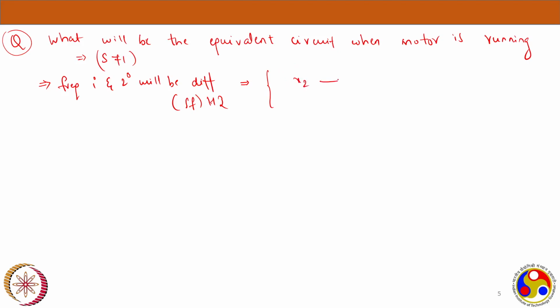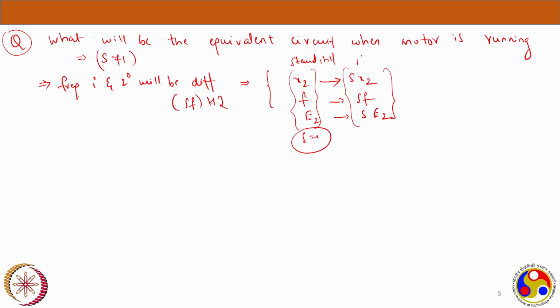So X2 will become SX2, since frequency is S times. If X2 is equal to 1, SX2 at slip equal to S. My frequency is Sf. My voltage induced will be SE2. So these are all at the standstill condition or S equal to 1 condition. So these are all at the running condition.